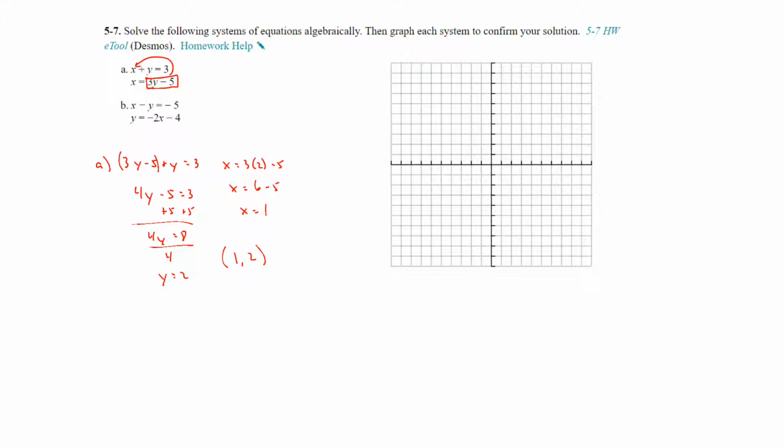So if we graph the equations, we're probably going to want to rewrite these in slope-intercept form. So this would be y equals, if you subtract x to the other side, negative x plus 3. So y-intercept at 3. And a slope of negative 1, so it's going down 1 over 1.